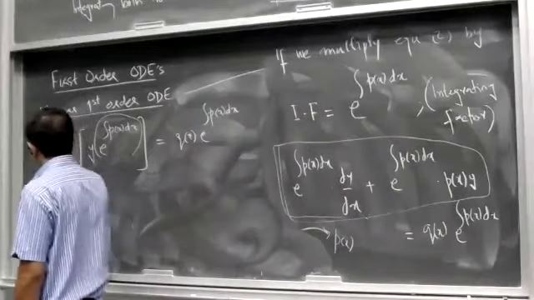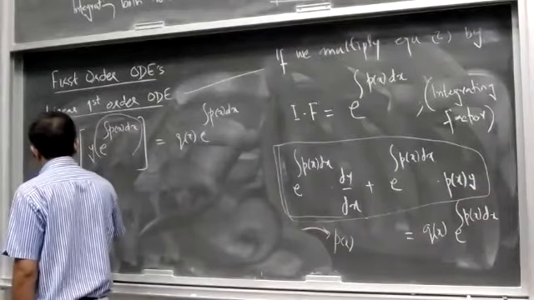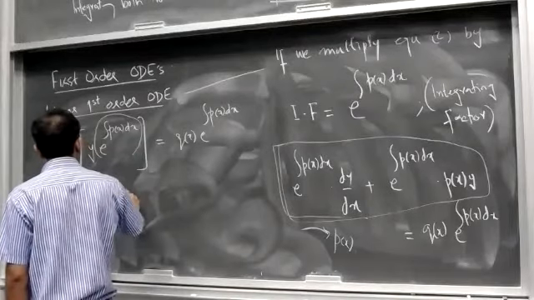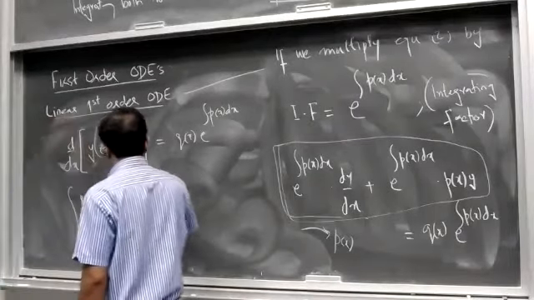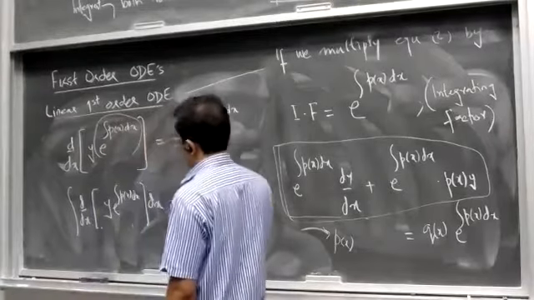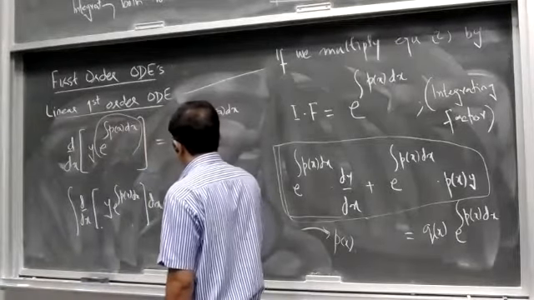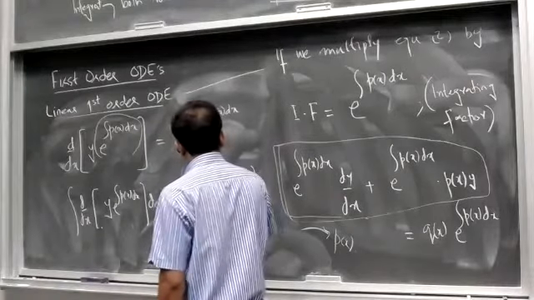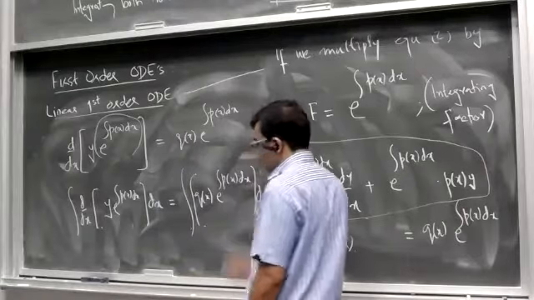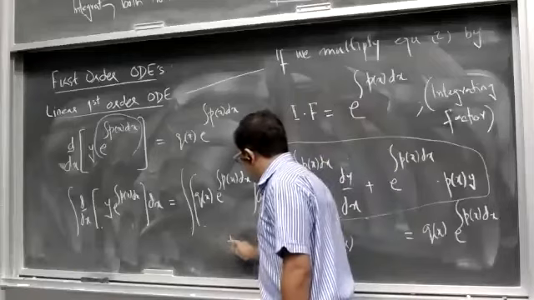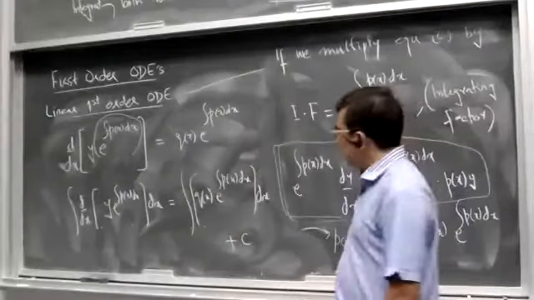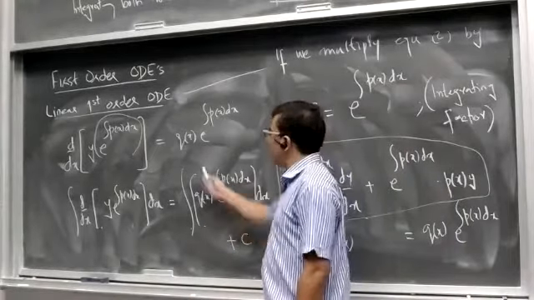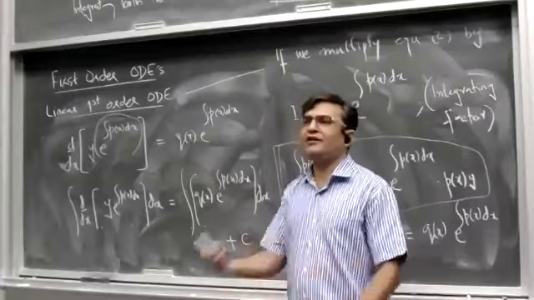Now, by taking integral on both sides, you can see that what do we have? E raised power integral p of x dx. Okay, integral with respect to x. Here we have integral again q of x e raised power integral p of x dx, this whole thing with respect to x. Okay, plus the constant of integration. Now, this term involves only x. We can integrate it by using some integration techniques.